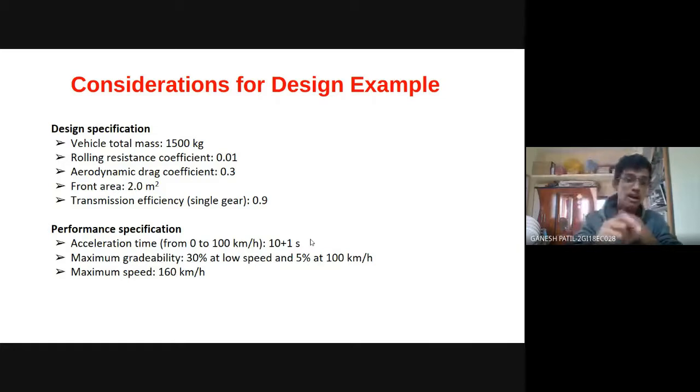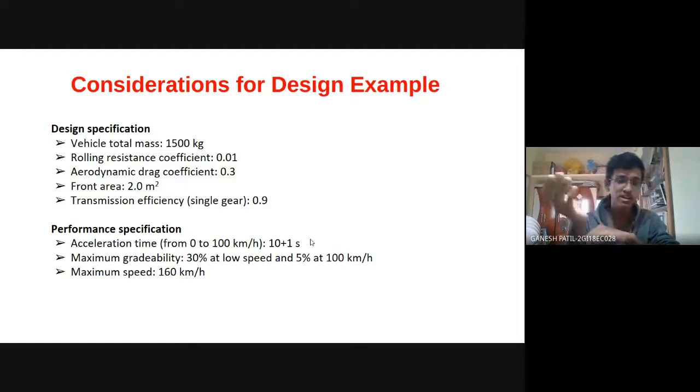Like vehicle mass: the total of operator plus load and the vehicle itself, how much it will weigh in total. Rolling resistance will differ from surface to surface. So on which surface the vehicle will be mostly used, that surface's rolling resistance coefficient will be considered. Aerodynamic drag again will depend on the shape of the vehicle.